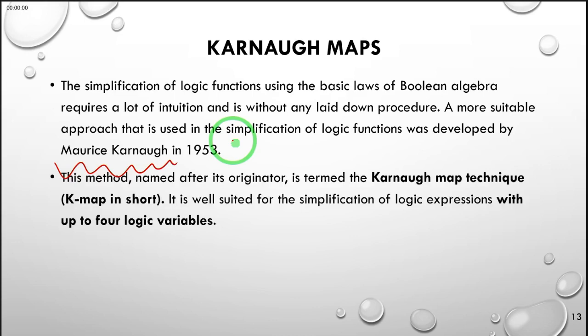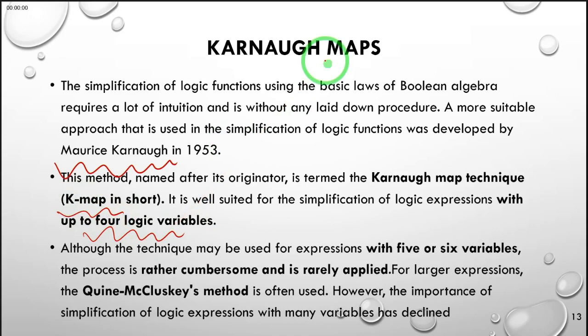This method is quite popular with fewer variables, between 1 and 4. When you get beyond 4 variables, you need some other methods, but for the time being, 4 variables are adequate. In short, it is called the K-map method, so don't get confused when you hear K-map. Although the technique may be used with 5 or 6 variables, it becomes rather cumbersome and is rarely applied.